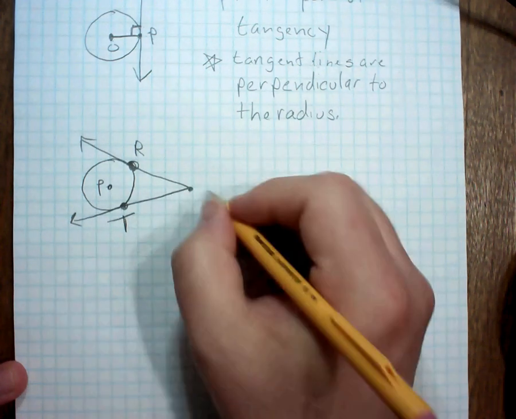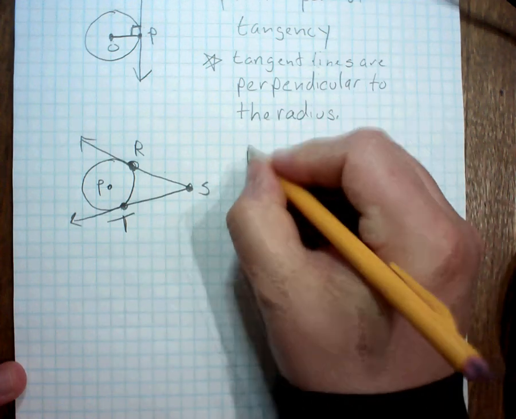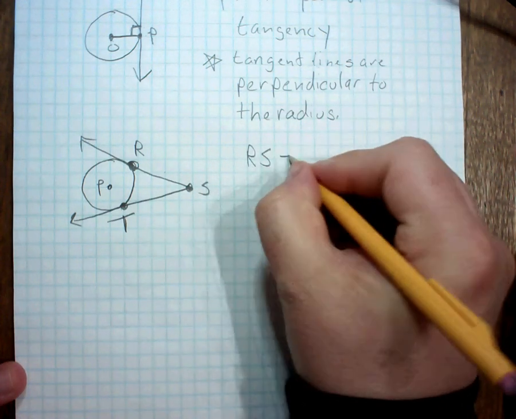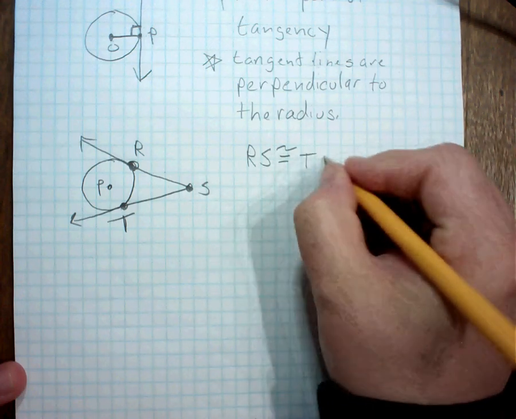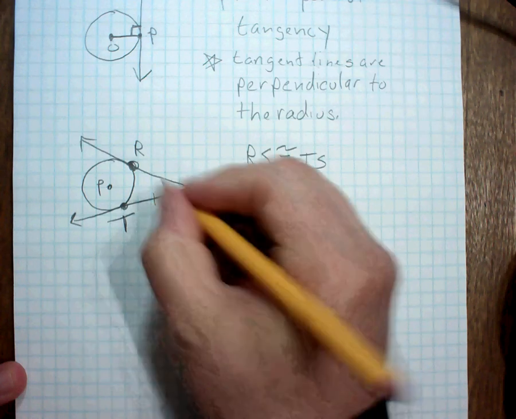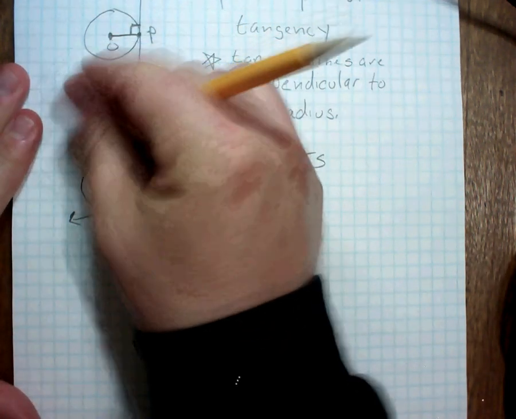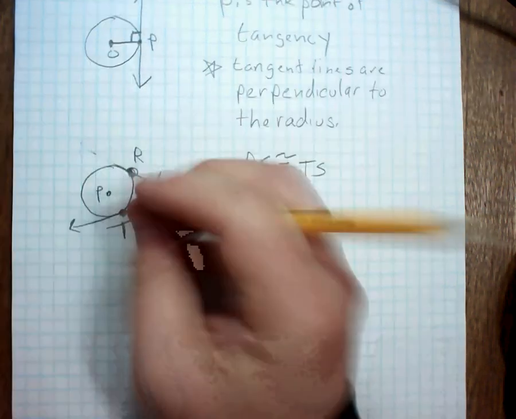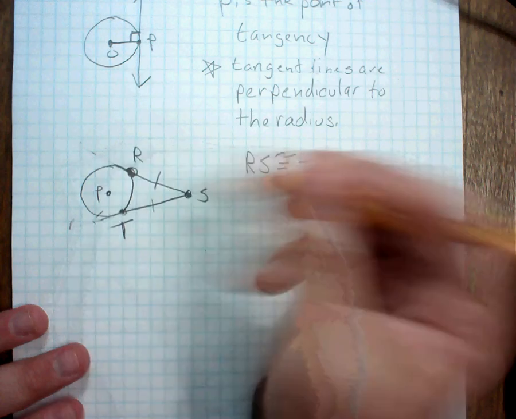In other words, if I have a common point S, then RS is congruent to TS. Okay, so we're going to say that this and this is congruent. Actually, we don't even need to draw the line. We're just going to focus on the segment. I don't want to confuse you guys.